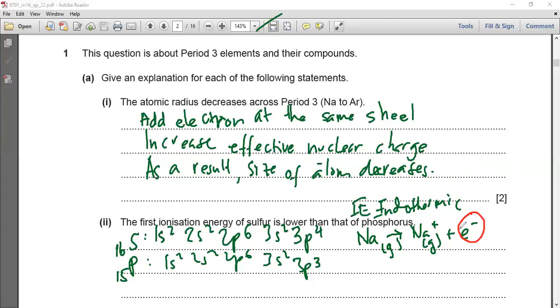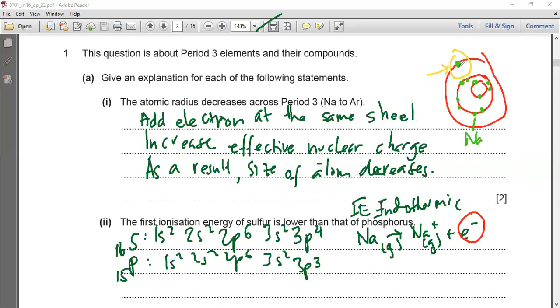It's not that simple to remove this electron. For example, I have 2 electrons in the first shell, then 8, and then 1 electron here. Let's say this is sodium. When I wish to remove this electron, I have to apply specific energy.